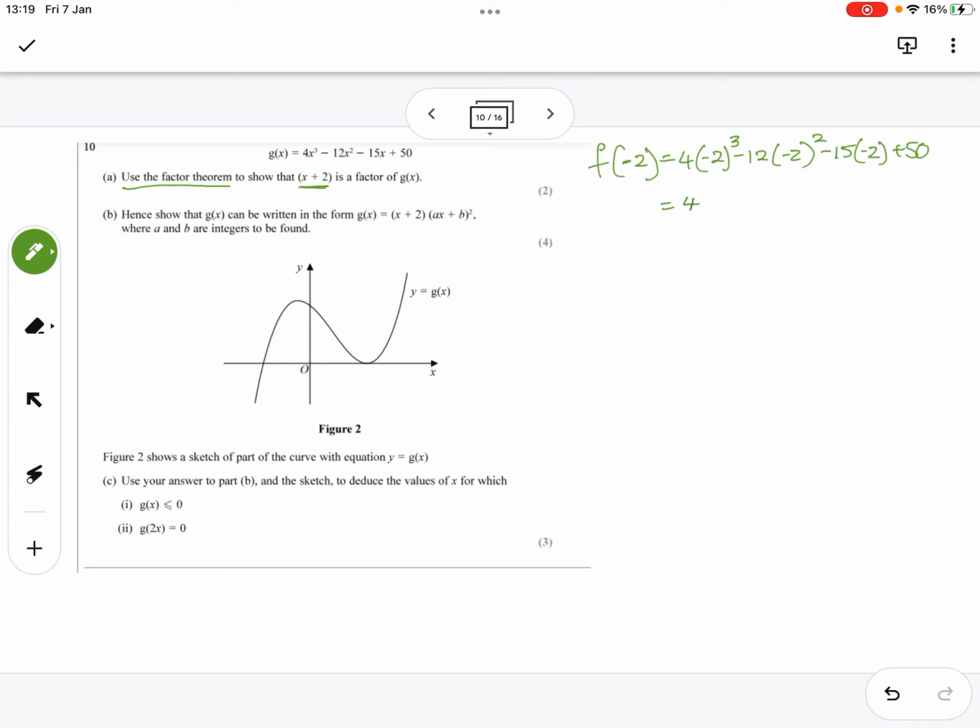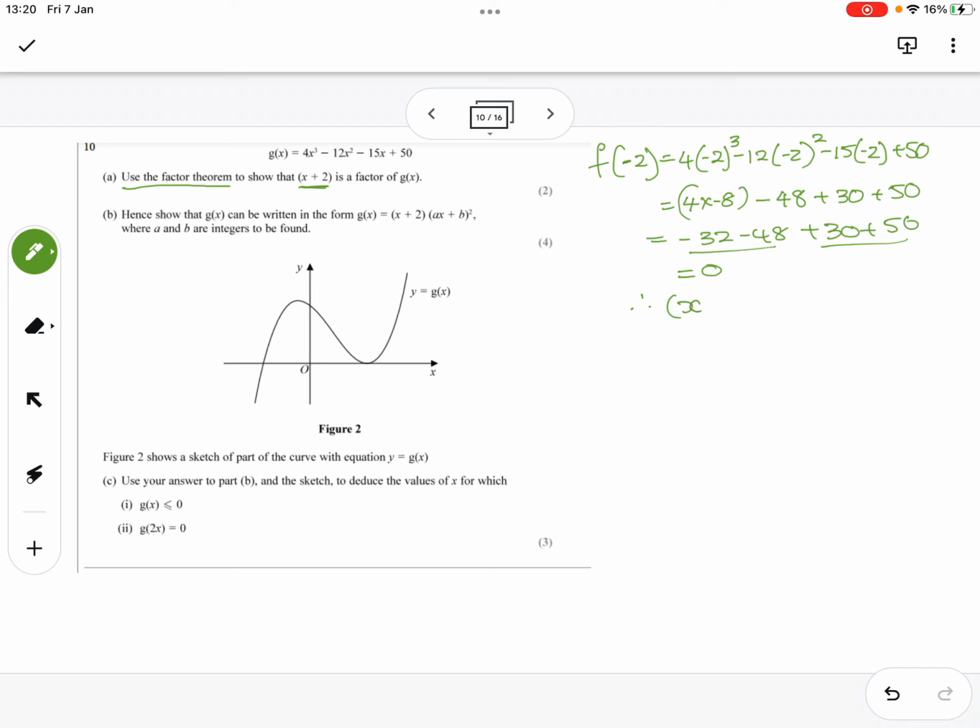So this is 4 times -8. This is 4 times 12, which is -48. This gives you +30 and this gives you +50. So that's -32, -48, +30, +50, so we've got 80 here and 80 there, so that does equal 0.